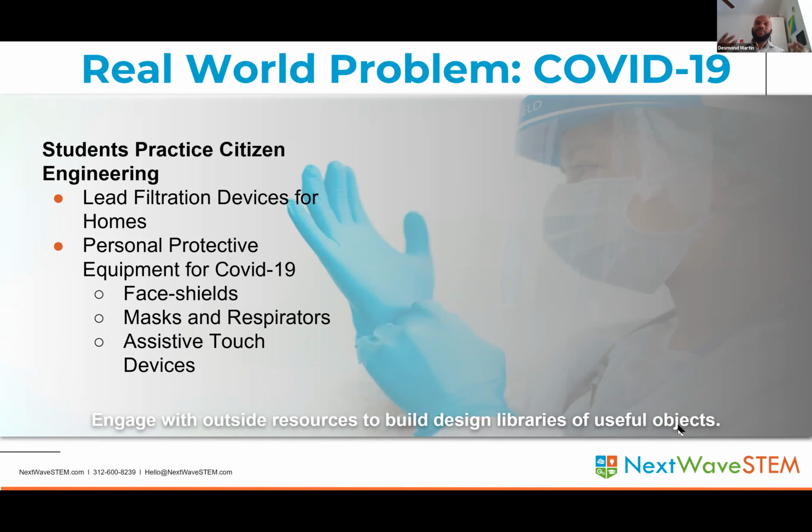Those things can be designed, manufactured, and put through the engineering design process with your students and made available to members of the communities to make a real difference. This is part of the way that your students can actually help beat this crisis that we find ourselves in.